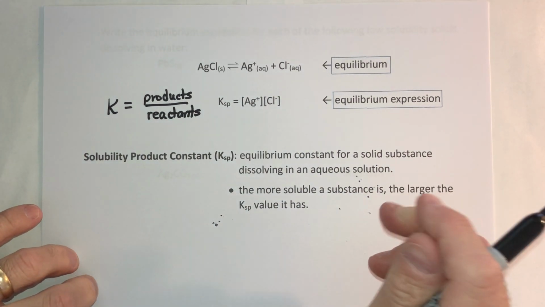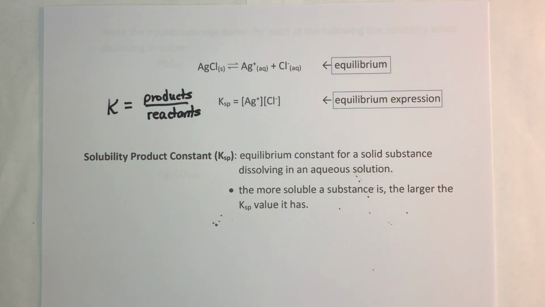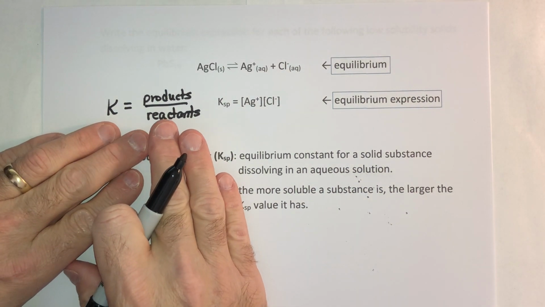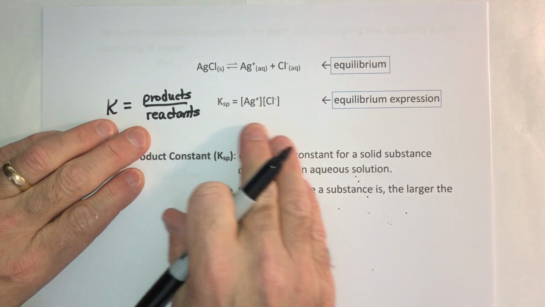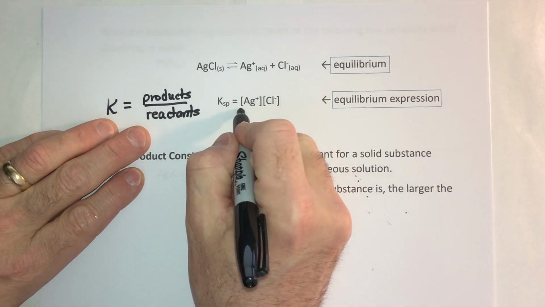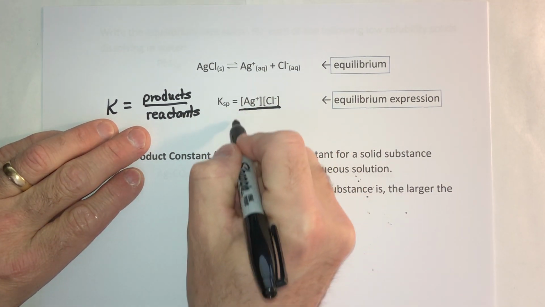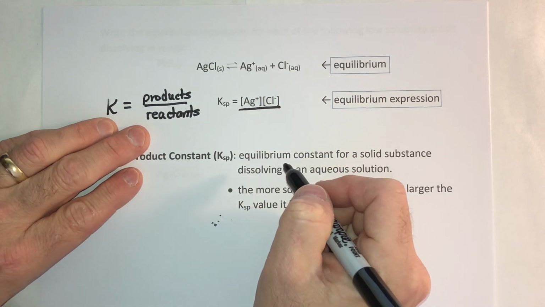And in the heterogeneous equilibrium expression video, I talk about how if you have a pure solid or a pure liquid, they don't appear in the expression. That's the reason why there is no denominator here, right? Because really, there should be a denominator with the reactant.